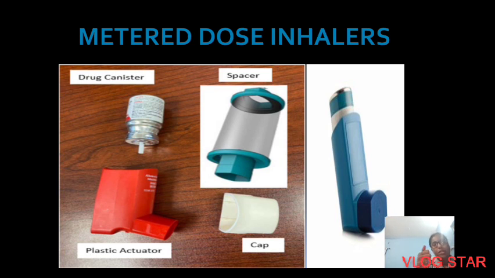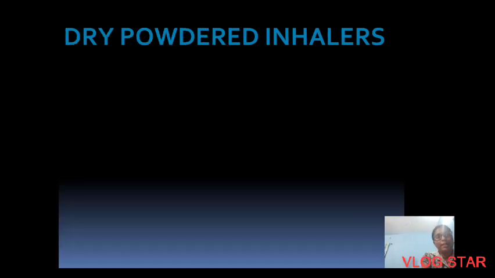With the pressure, the drug canister is activated and the drug will be released. This is how it is used. Whereas dry powder inhalers are nothing but inhalers that have dry powder inside, which will be activated only when the patient inhales.